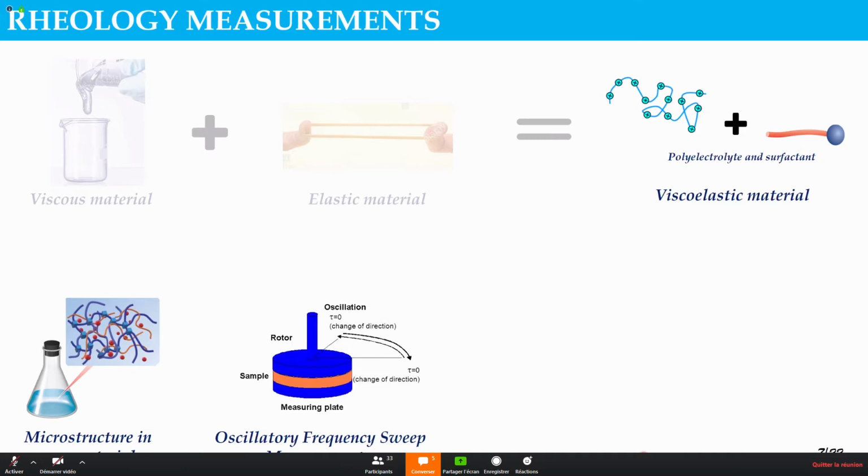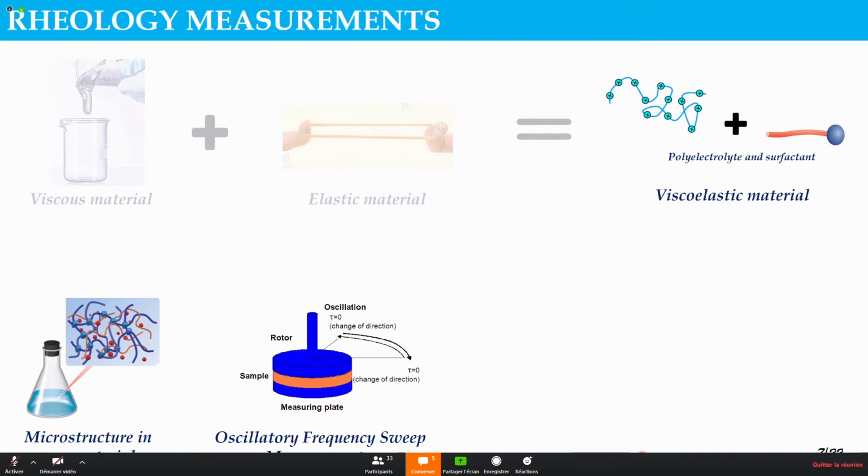And the way to study the microstructure and so the viscosity with the rheometer is with the frequency sweep measurement. Basically, you have your rheometer, you have a sample between two plates where the plate on the bottom is fixed and the plate on the top is able to rotate.